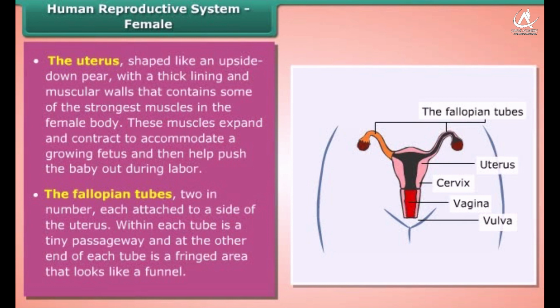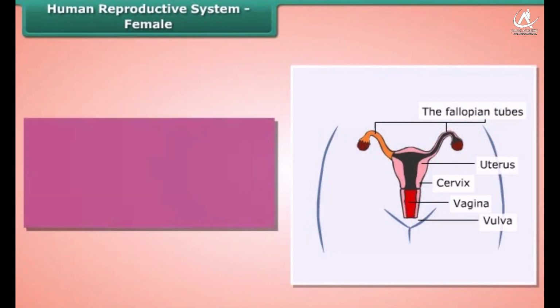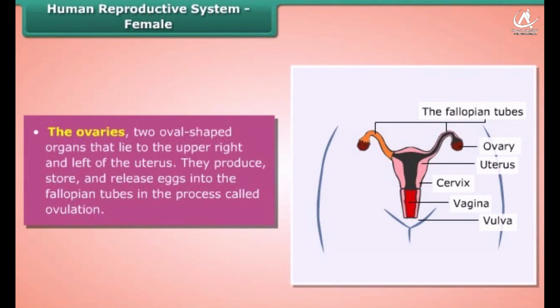Within each tube is a tiny passageway, and at the other end of each tube is a fringed area that looks like a funnel. The ovaries, 2 oval-shaped organs that lie to the upper right and left of the uterus. They produce, store, and release eggs into the fallopian tubes in the process called ovulation.